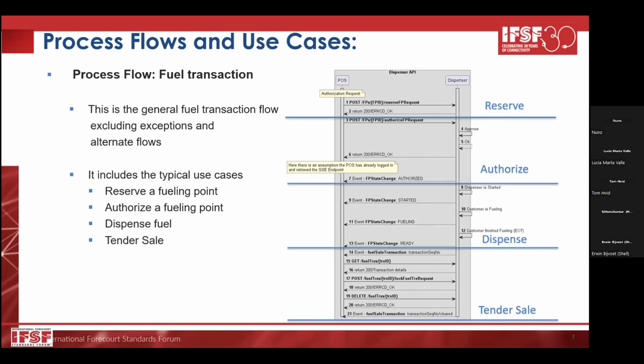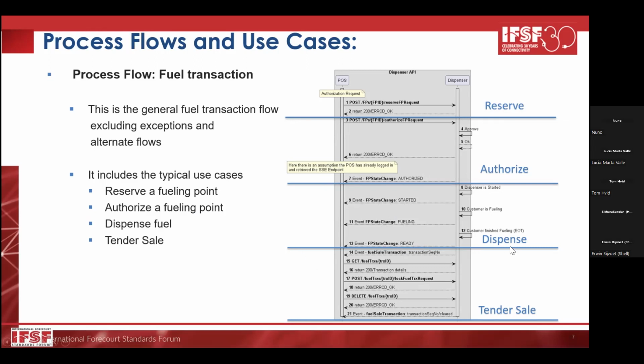Here, basically, we are not doing any actions, but just receiving events where we know that, for example, if the dispenser is started and the customer has lifted the nozzle, then we'll see when it starts fueling, that it is fueling. And when the transaction finishes and the customer hangs up the nozzle, it will be in state ready.